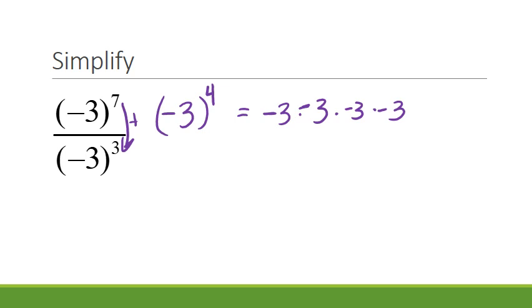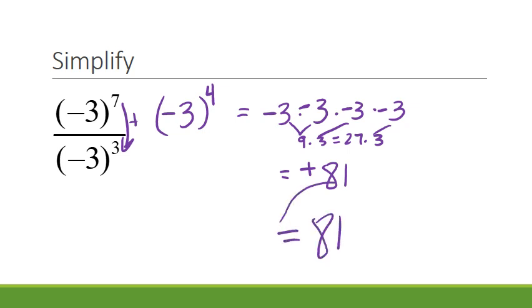An even number of negative signs being multiplied will always become a positive number. 3 times 3 is 9, times 3 is 27, times 3 gets me to 81. So if I simplify this all the way down, it would be 81.